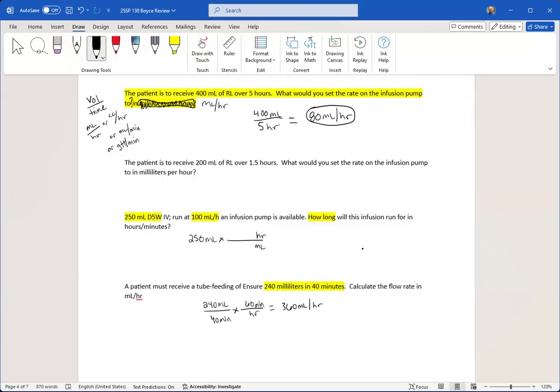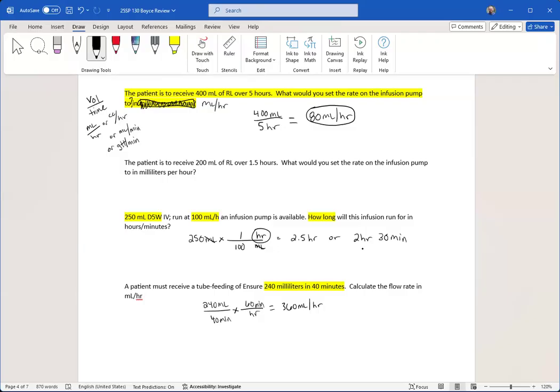So instead of 100 milliliters per hour, I'm going to put it as 1 hour per 100 milliliters. I'm just going to flip that. And the reason I'm doing that is because when I eliminate the milliliters here, I'll be left with a time, which is what I'm looking for. I want to know how long this will last for. So 250 divided by 100, and I'm going to get 2.5 hours. That could be one way that they want you to write it. Or you could say 2 hours, 30 minutes.